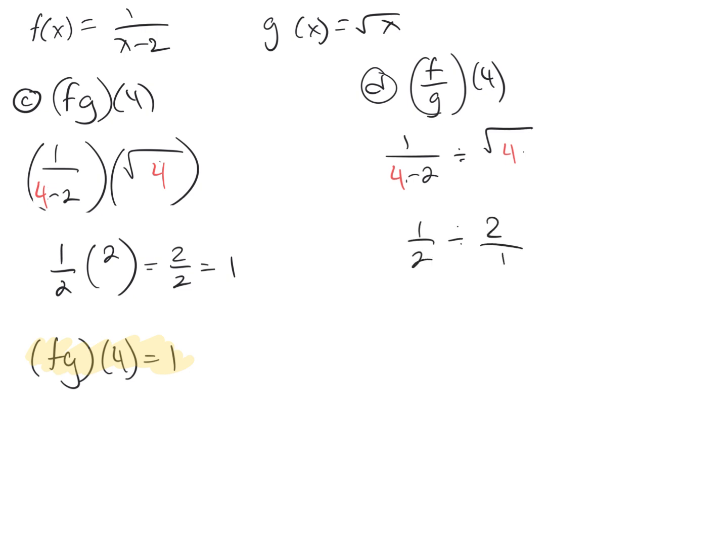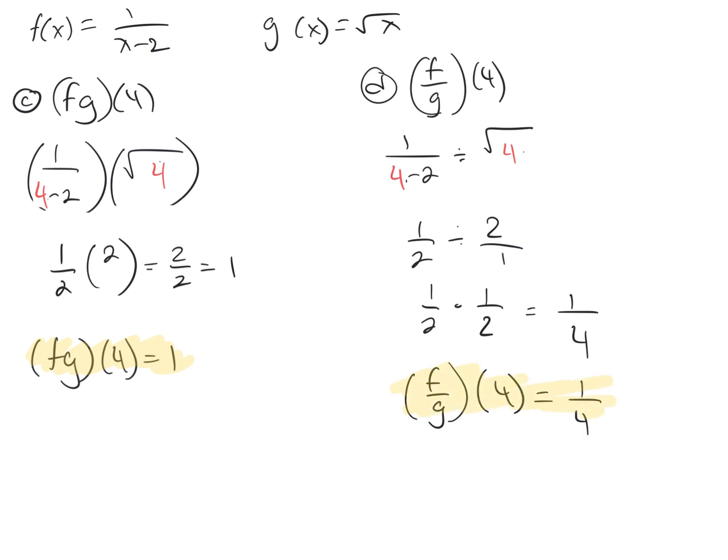Again, this is 2 over 1, so I'm going to do keep change flip. So I end up with 1 over 4. So that's going to be f divided by g of 4 equals 1 over 4. That will be your solution for this problem. Well, same problem for different parts.